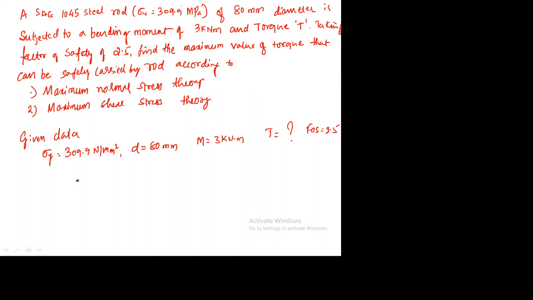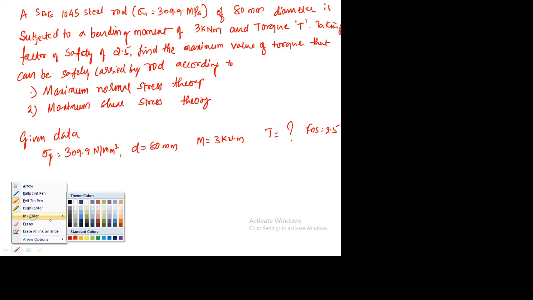But T is unknown here. So how are you going to get the value of tau xy?